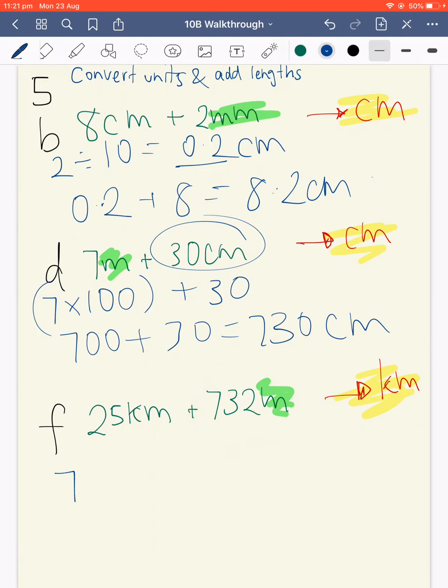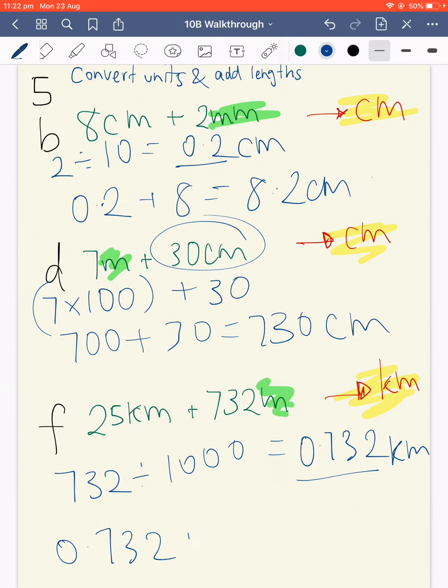So I have 732 divided by 1000, which gives me the amount in kilometers. And then I add this number. So I'll give you this one again: 0.732 kilometers. And then I need to add that number to my 25 kilometers. And that will give me my answer in kilometers.